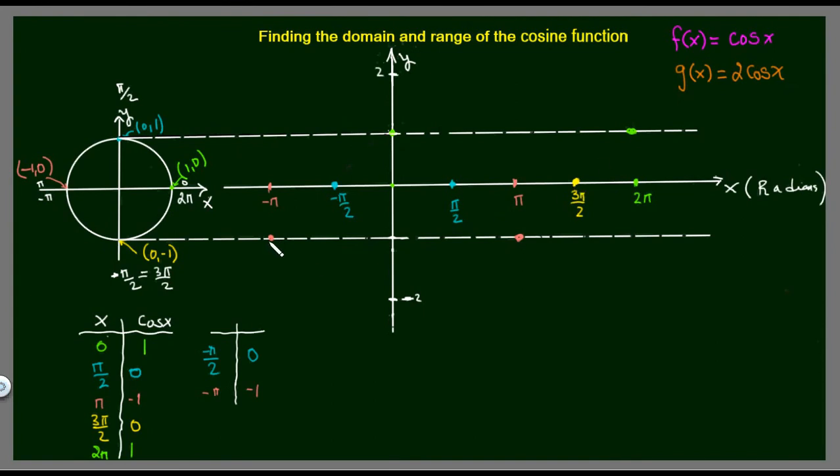So I'm going to start right here. We said this is -1 at minus pi, so the function will be doing something like this. Here, there, and also there.